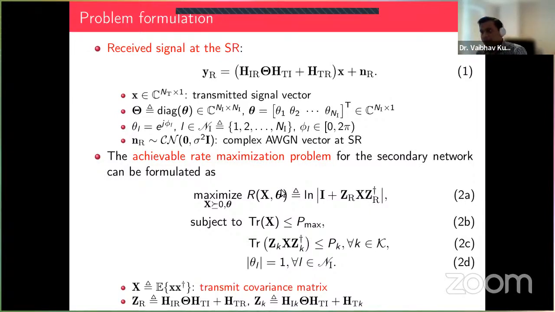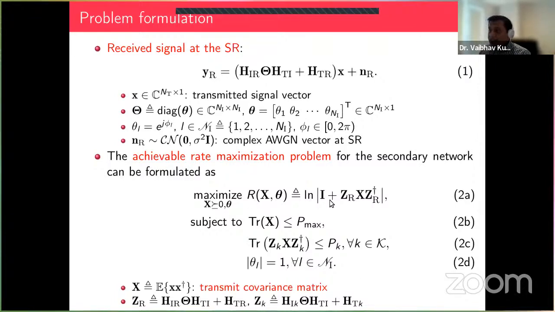There are many models for how we model this phase shift at the IRS, but the most popular one is that the phase shift provided lies on the unit complex circle. So we model it as e raised to the power j phi, where phi is the angle of the phase shift that it provides.